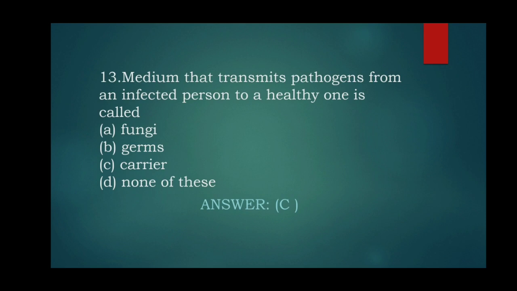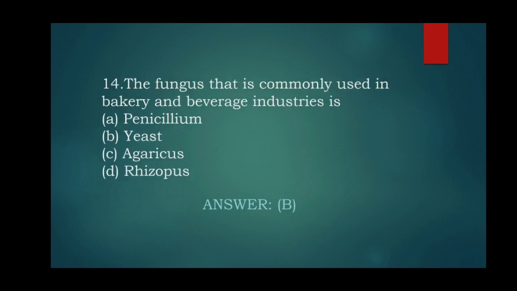So the correct option is carrier, that is C. Question number 14: the fungus that is commonly used in bakery and beverage industries is option A, penicillium, yeast, agaricus, rhizopus. The economically useful fungus is yeast, right? Penicillium is the one from which the antibiotic penicillin was made. Agaricus and rhizopus are not economically useful. So the one used in bakery and beverages is yeast.